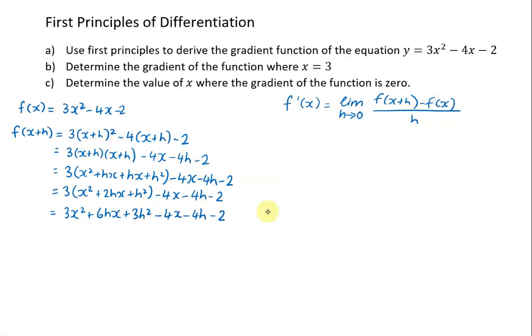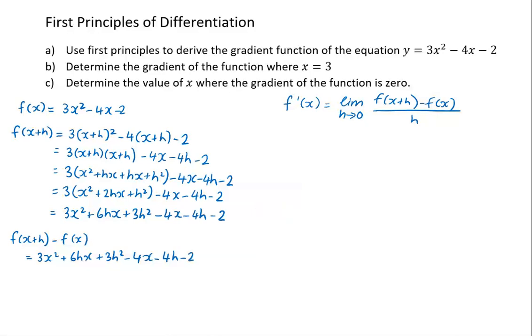Our third step is to write f of x plus h minus f of x, which is what the numerator of our formula will be. And this is equal to our f of x plus h function, 3x squared plus 6hx plus 3h squared minus 4x minus 4h minus 2.